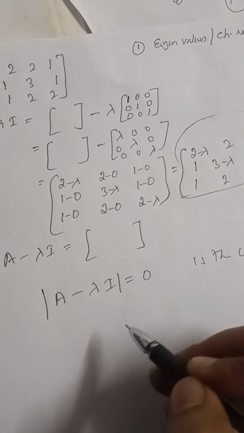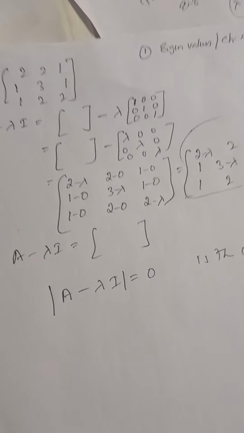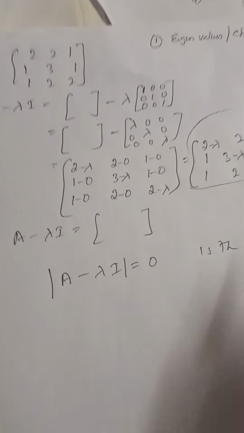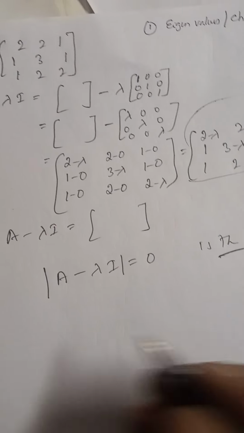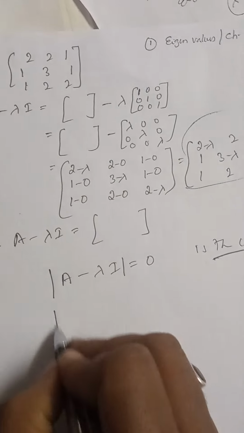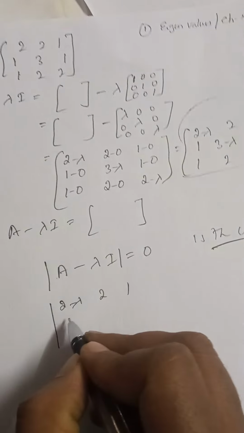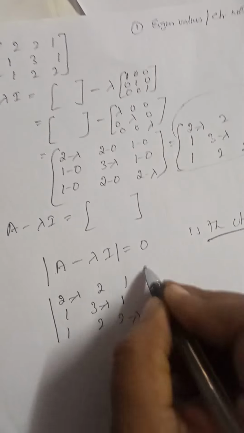If you equate the determinant of A minus lambda I to 0, the resultant simplified equation is called the characteristic equation. Remember, this is there in unit 4, I think. Now here we are finding the determinant of this one: 2 minus lambda, 2, 1; 1, 3 minus lambda, 1; 1, 1, 2 minus lambda, is equal to 0.